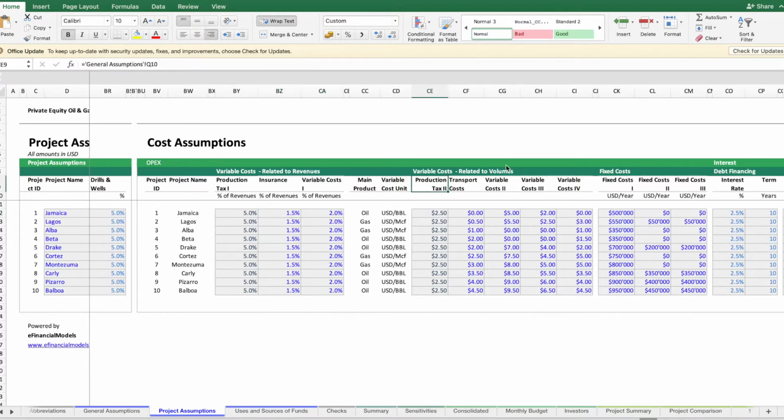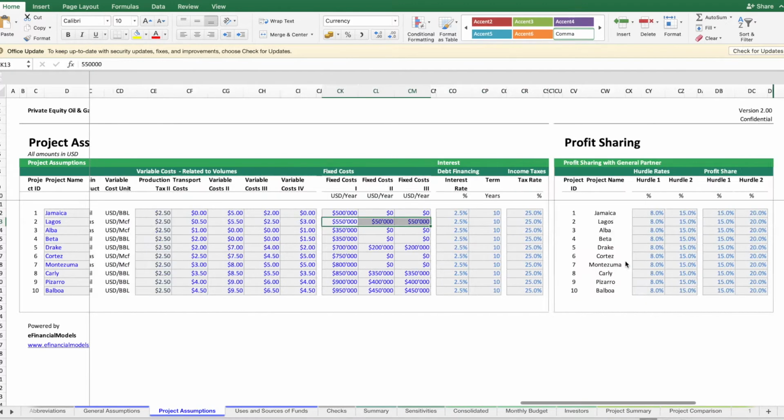Some costs will depend on the volume. And as you can see, each well, sometimes it's an oil well, sometimes it's a gas well. We assume the costs as of the main resource, so we can set the cost structure here. If we also have some fixed costs, we can also assume them here.